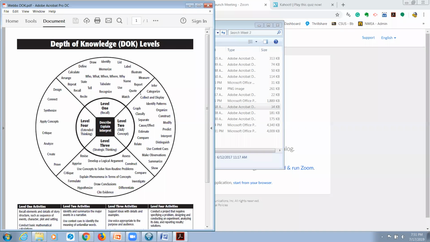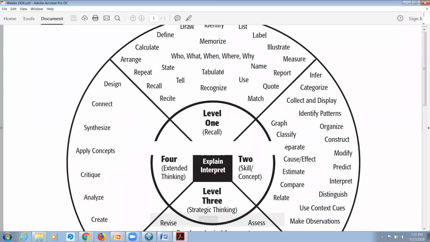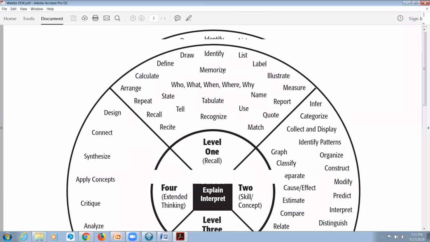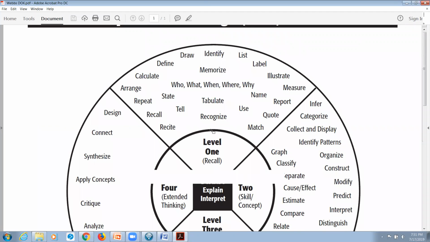So they ask questions off the cuff because they didn't plan what questions they were going to ask. This is so big. So we have Webb's depth of knowledge here. We have 4 levels of knowledge. Level 1 is the recall section, right here. Level 2, skills and concepts. 3, strategic thinking. 4, extended thinking. The problem with when you're asking questions that are just off the cuff, let's say you're reading a story with your students and you're going to just pause and ask a question because it popped in your head.